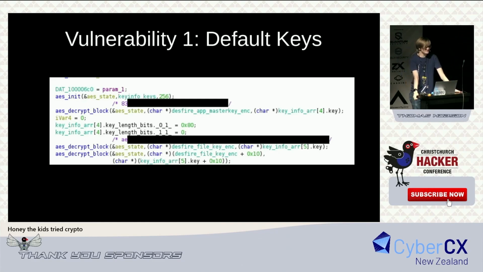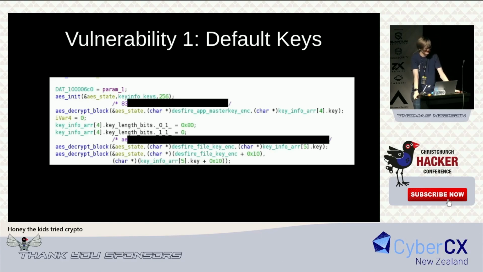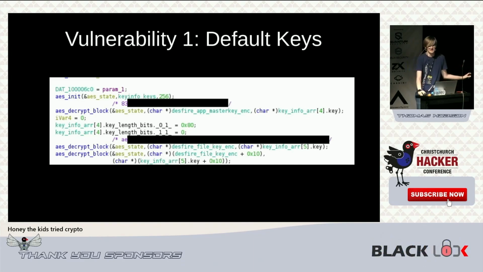They tried to hide them. They're encrypted in the firmware, but there's an adjacent encryption key in there, which if you just extract, you can recover these keys really easily. So hiding them this way isn't that great.